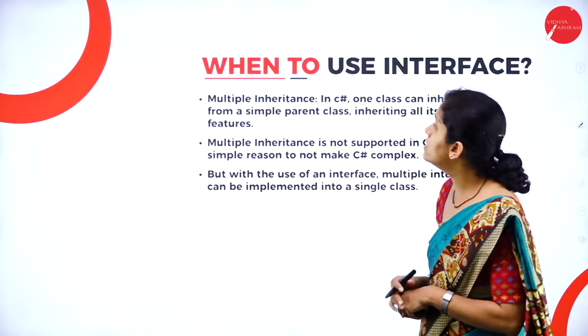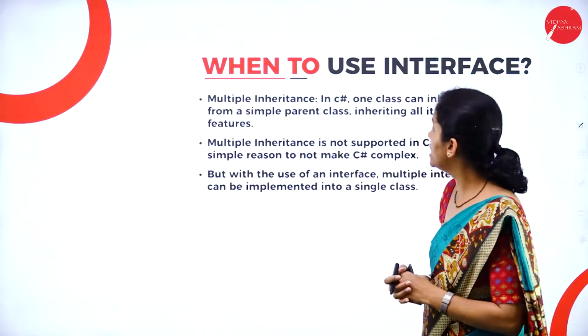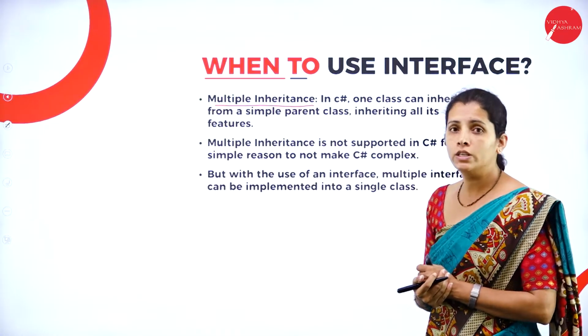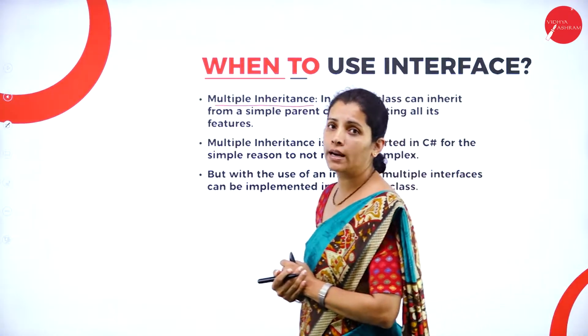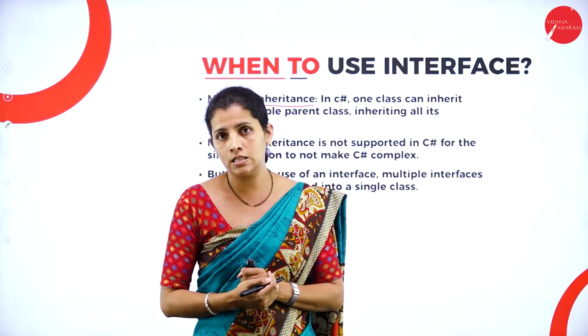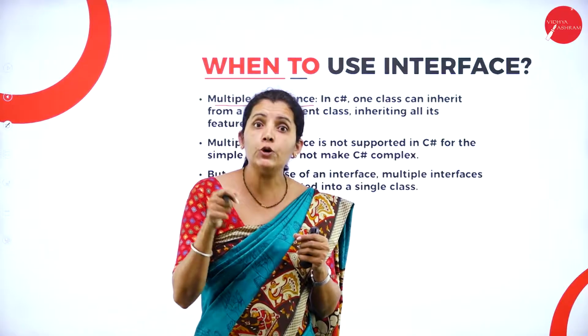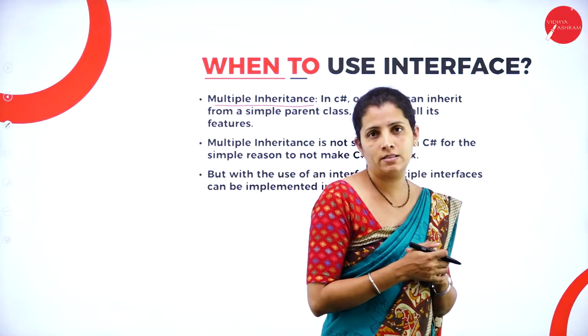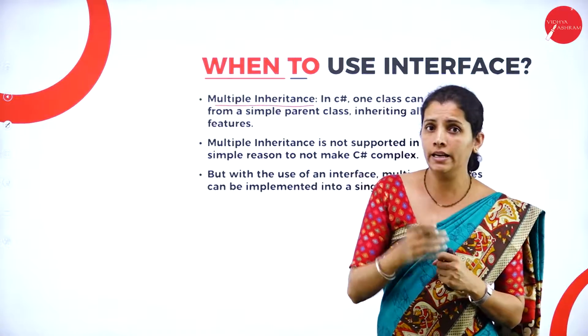Another important advantage here is multiple inheritance. So dear students, C# does not support multiple inheritance, and to achieve multiple inheritance, I am going to use an interface. And how am I going to write the interface?